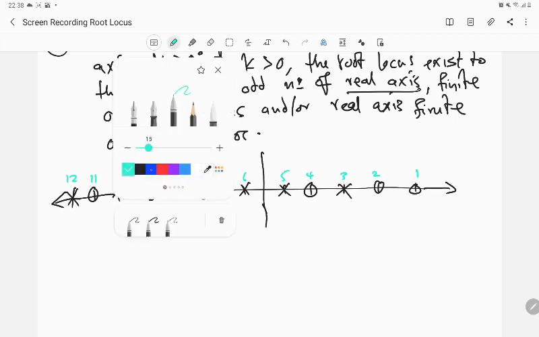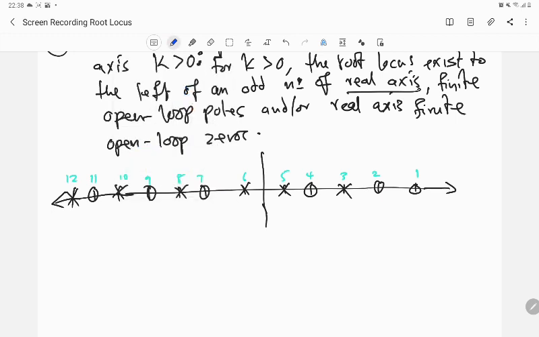Now I want to find where the root locus will lie on the real axis. So first, I'm going to look for the odd numbers. The first odd number is this one, and there will be root locus lying to the left of that odd number of poles plus zeros. This is the odd number, only one pole, then only one zero. Then 2 is even, so it will not be counted.